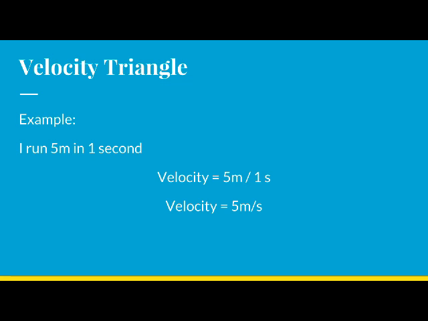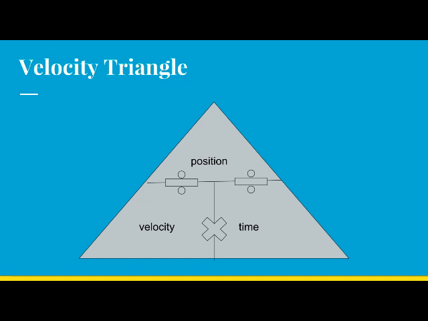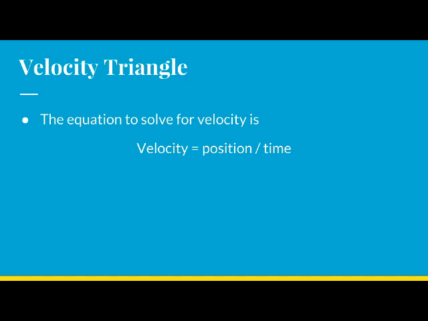And here's another example. I run 5 meters in 1 second. So your position is 5 meters, your time is 1 second, so your velocity is 5 meters per second. What I'm going to be challenging you to do is not just calculate velocity, but also calculate position from velocity and time, and time from position and velocity.